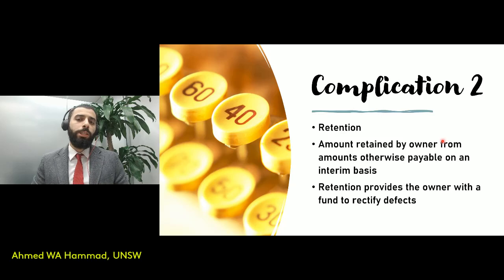Now, a lot of complications arise in a number of projects because the owner at the end refuses to give back that retention to the builder, even if there are no defects, or the builder has a problem with the owner retaining a certain percentage throughout the project, and hence a dispute arises and it leads to a case in court.